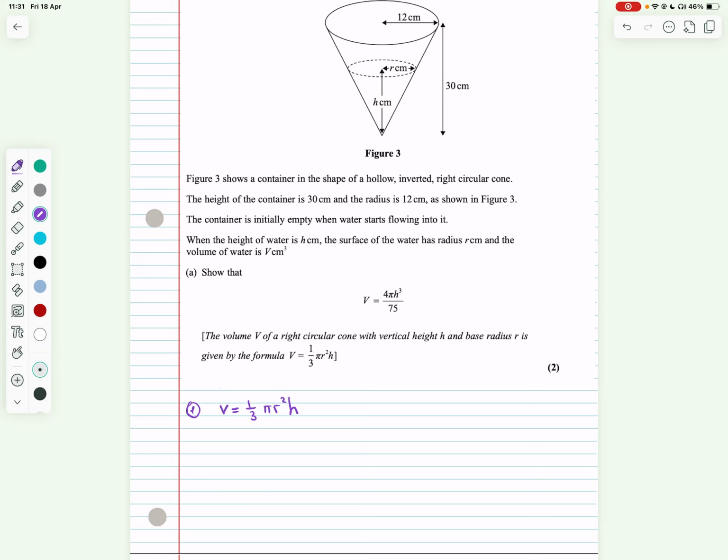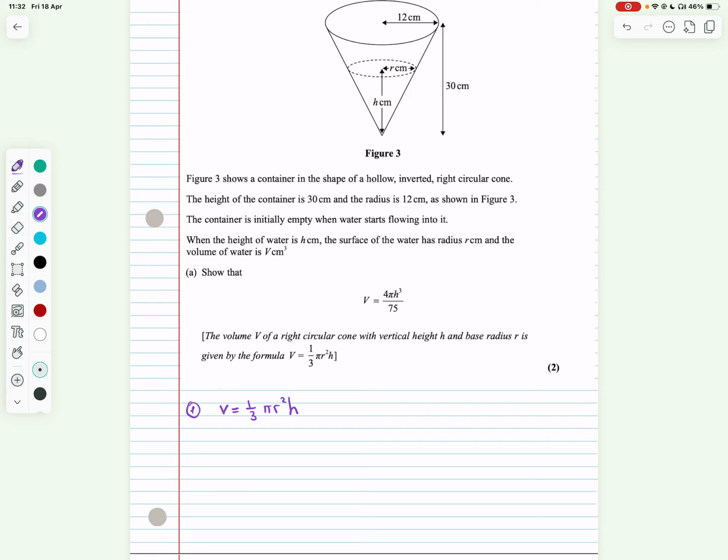So what I need is a proportion or relation between the radius of the cone and the height of the cone, so I can replace the radius in my formula with something in terms of height, and then solve it.